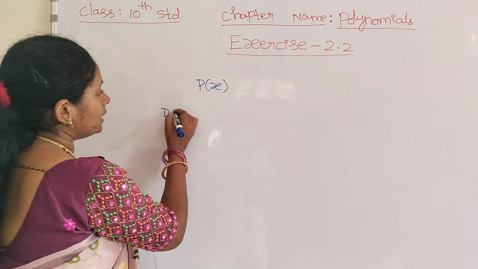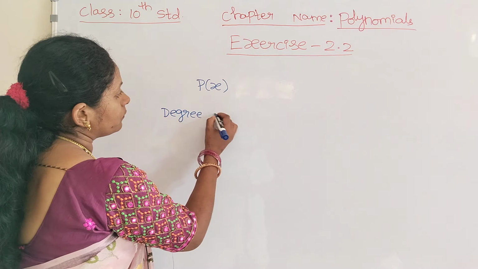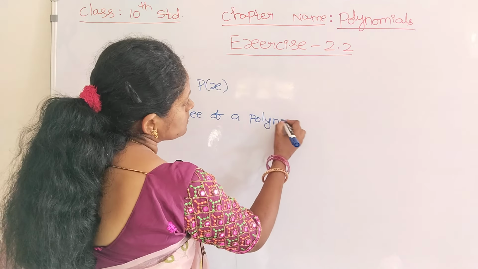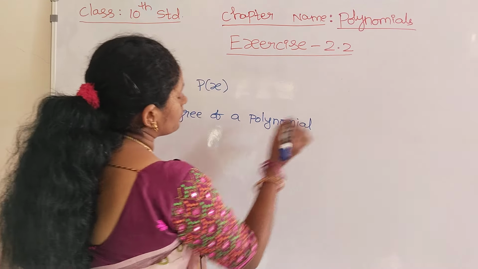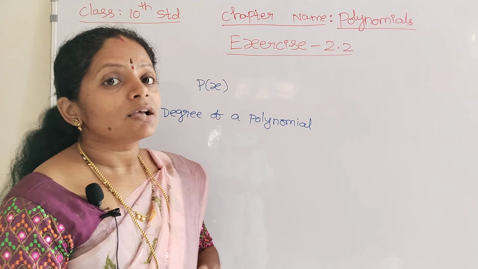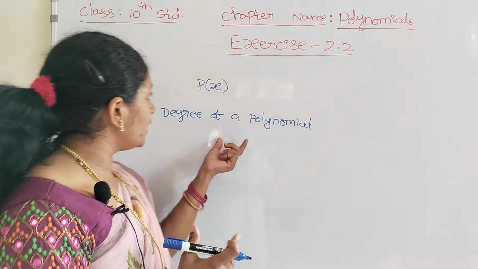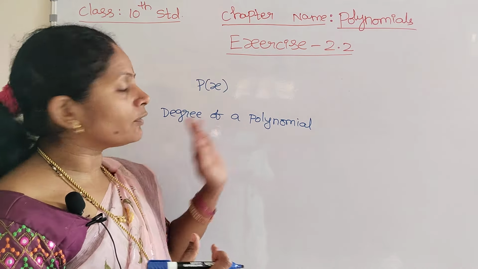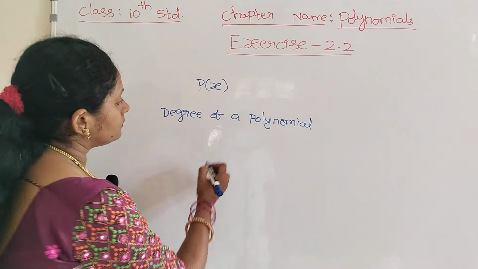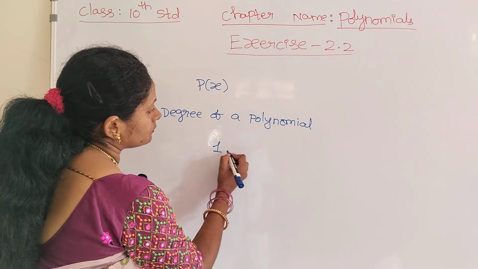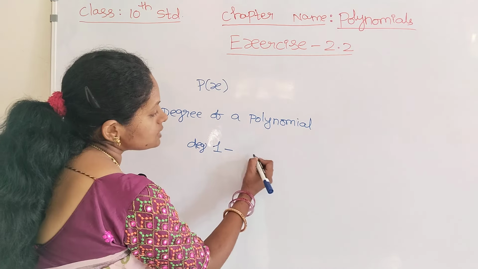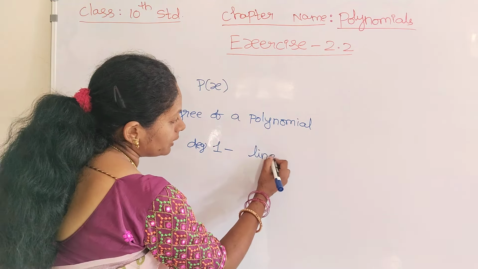Next, degree of a polynomial. The degree of a polynomial is defined as the highest power of the variable x. A polynomial of degree 1 is called a linear polynomial.